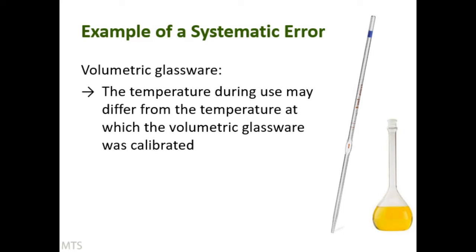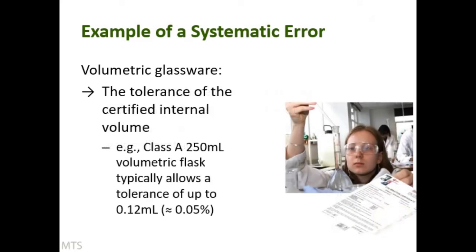Other examples here could be the tolerance of that glassware. So I talked about the temperature, but there is also the fact that when we have this little 250ml flask here, we're not claiming it's exactly 250.00. We're allowing it to have a tolerance, and typically in this flask it's about 0.12 of a mil. So every time that you use the 250ml flask, it could be somewhere plus or minus that 0.12.